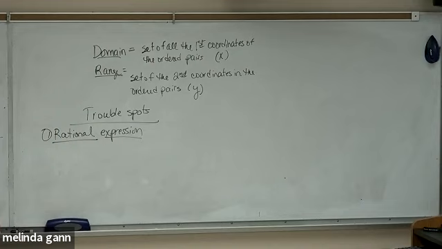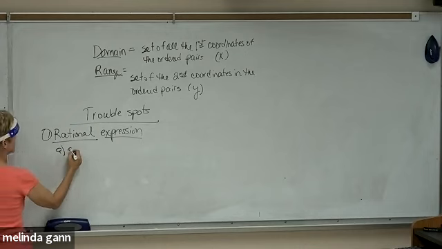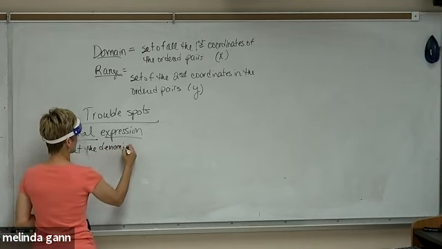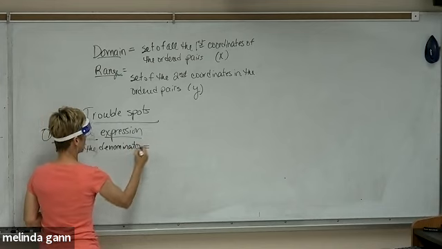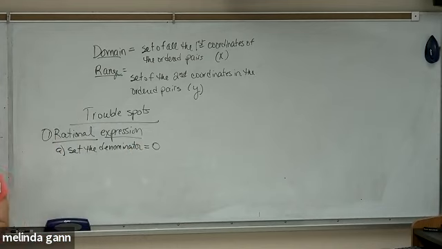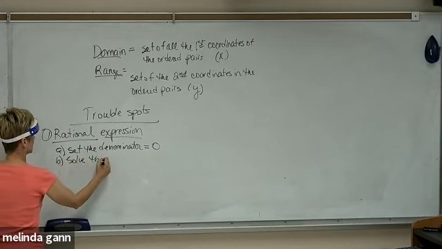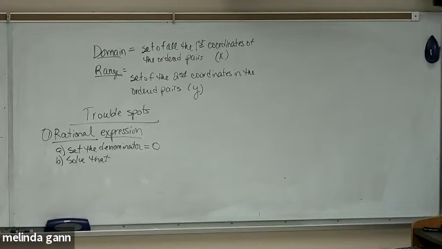Okay? So what I want you to do first then is I want you to set the denominator equal to 0. Okay, because that's what you told me to do. And then I want you to solve that. But your answer, when you solve it, that's not your answer, correct? What's your domain? Everything what?